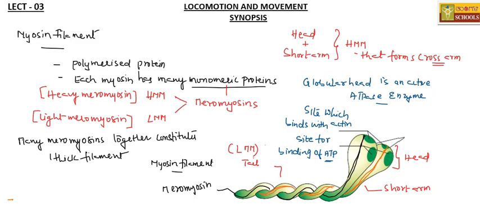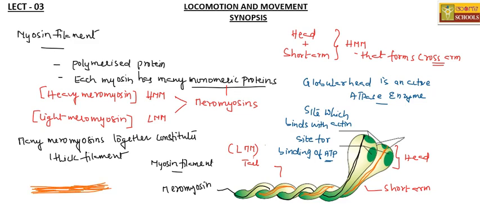In the earlier diagram we have seen the actin and myosin filaments together. You may find so many coiled like this, and that forms the thick filament, that is the myosin filament.